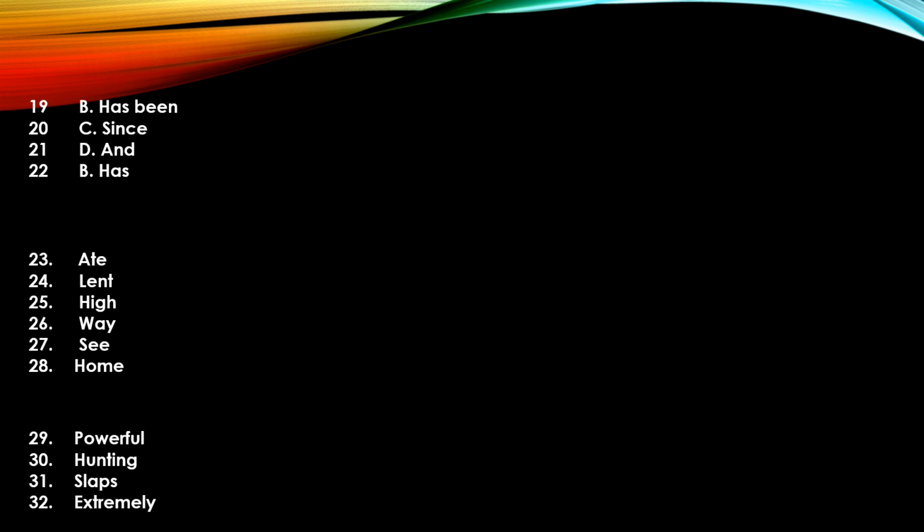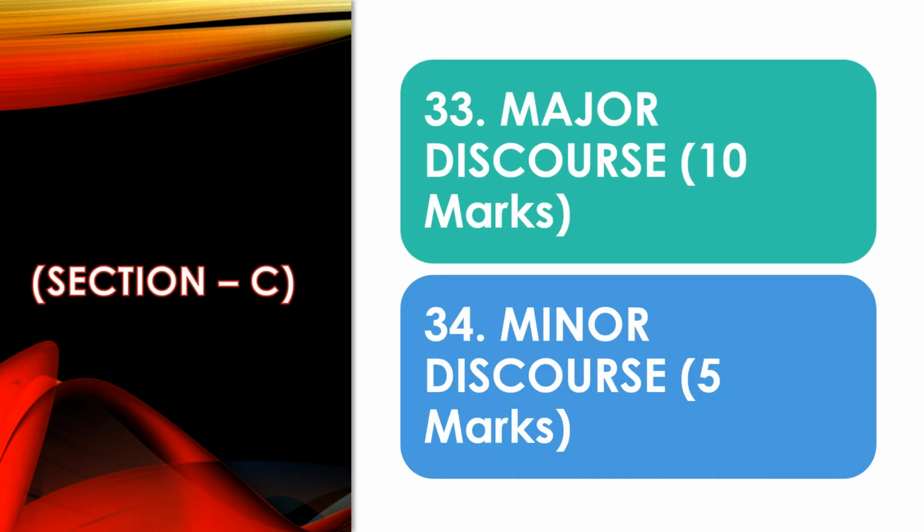From 29th to 32nd, this is the bit for the right form of the words. They give us the basic or root word. We have to find out the suitable word for the given blank based on that root word. So these questions are from 29 to 32. And finally, section C: major discourse for 10 marks, minor discourse for 5 marks.